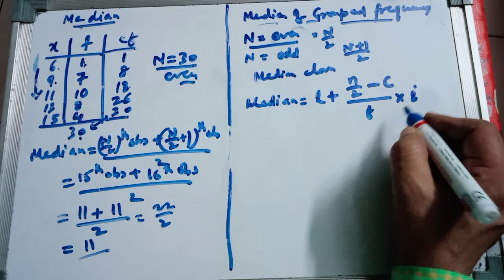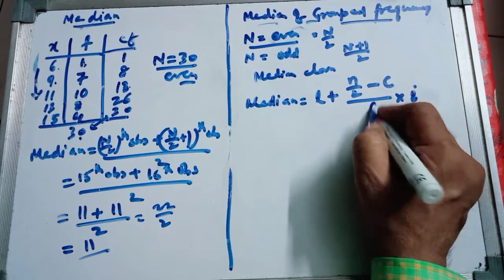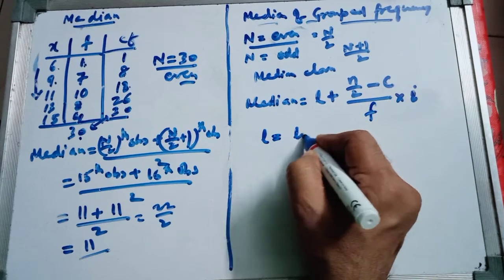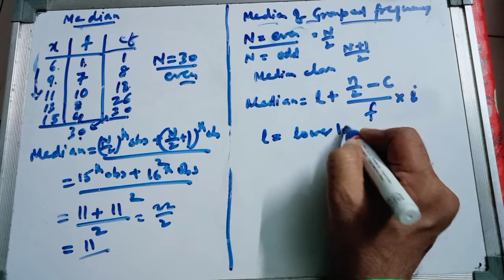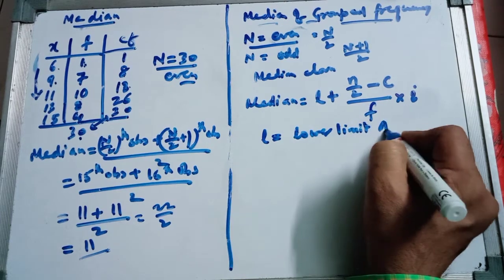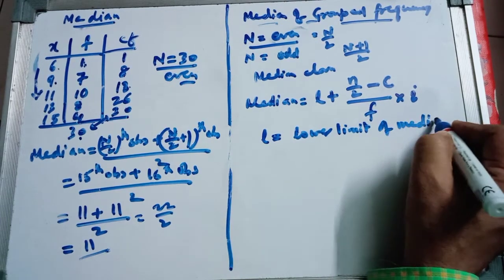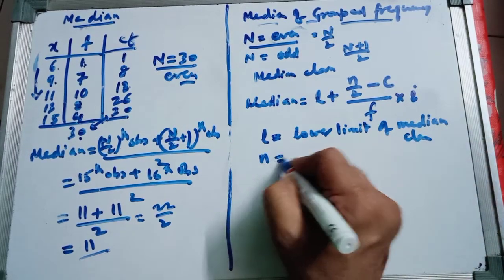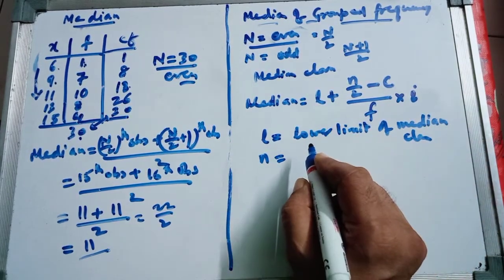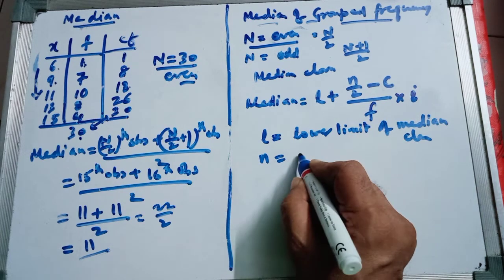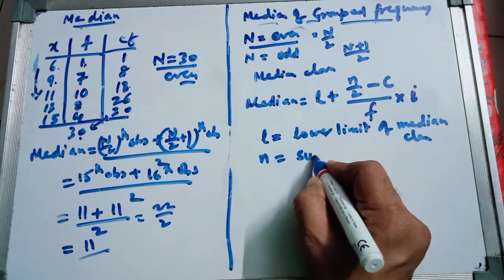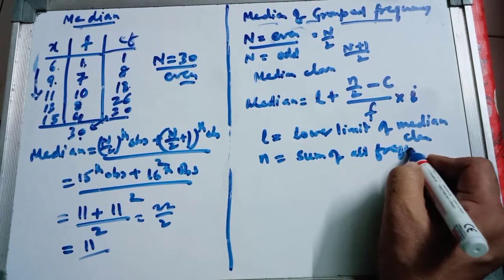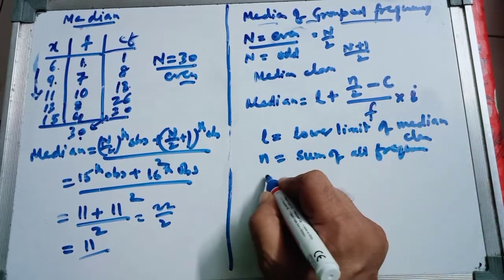Now, what is the meaning? Small l is the lower limit of the median class. n is the sum of all frequencies, that means the total number of observations.